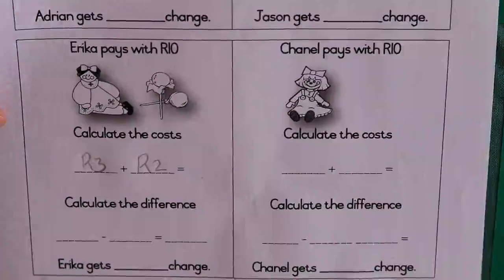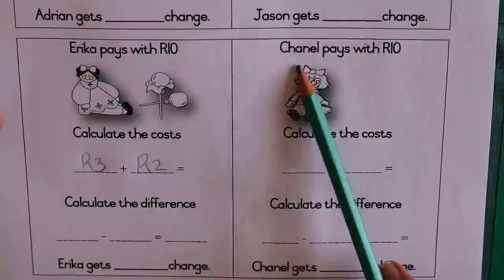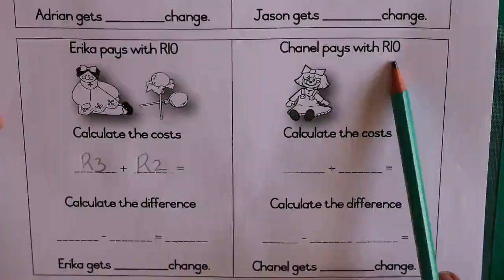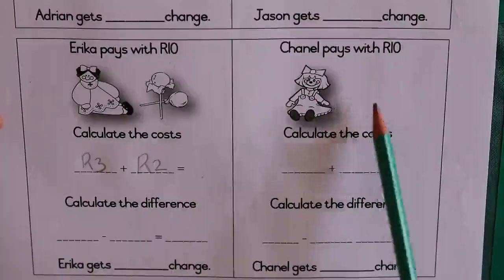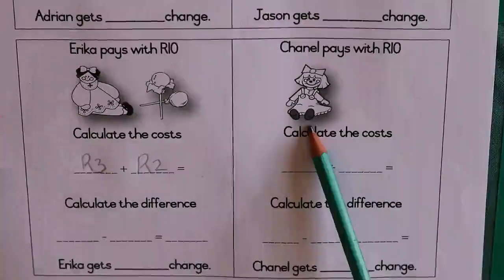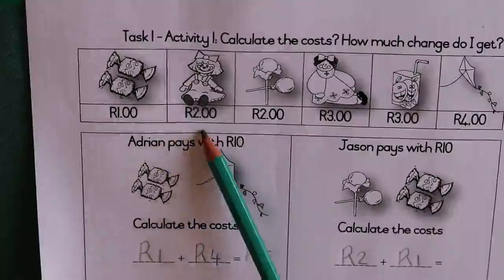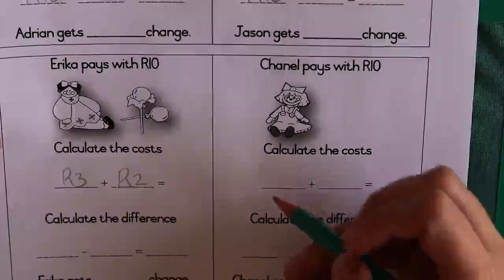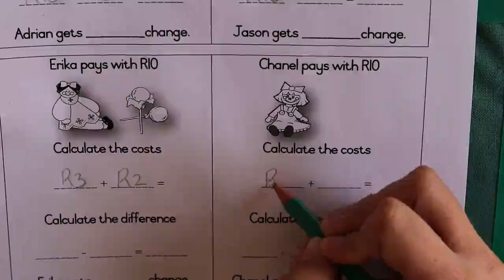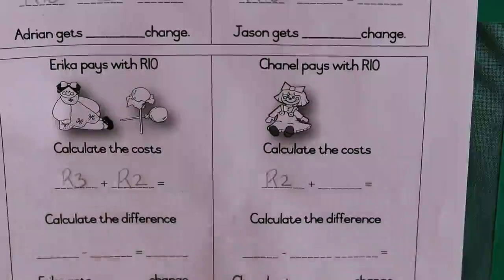And the last one for today, Chanel pays with 10 rand. Again, she only has 10 rand. What is she buying? The doll with the light hair. Okay, so let's see what the doll costs. 2 rand, good. So we write in our 2 rand over here. Remember, you write it in your next line on your busy book.